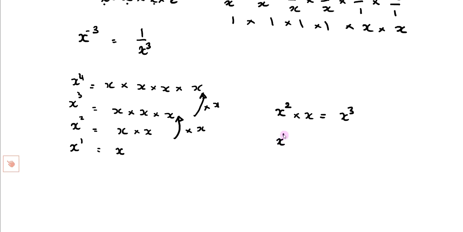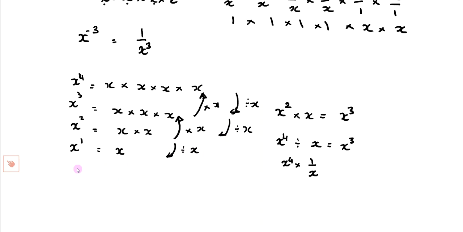So I want to go from x to the power of 4 to x to the power of 3. Divide by x. So if we divide by x to come back down, then we must be able to follow that pattern through.